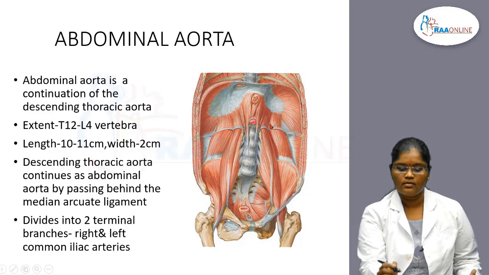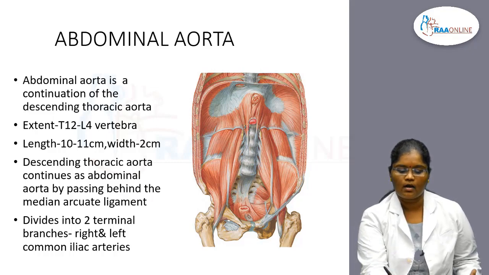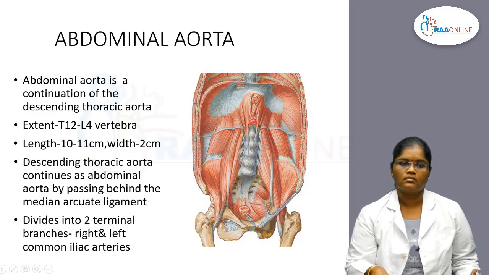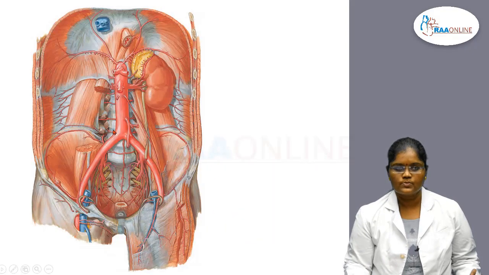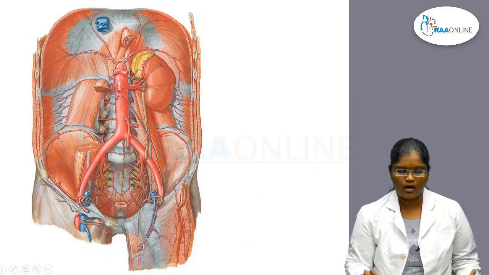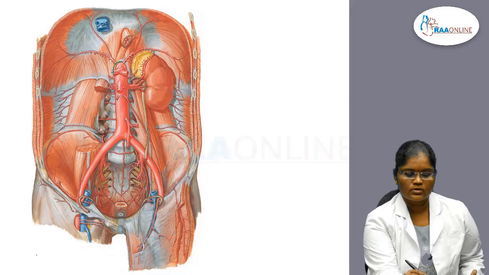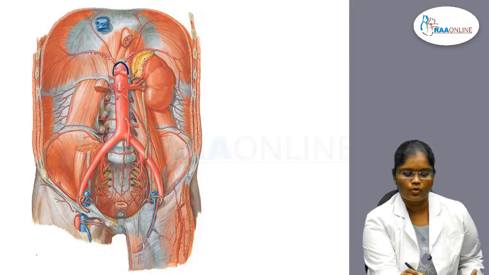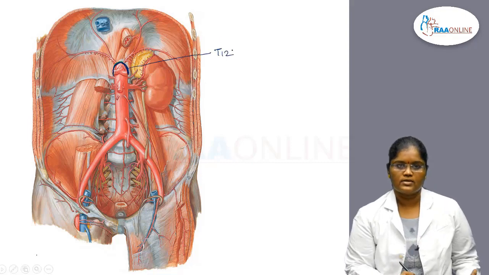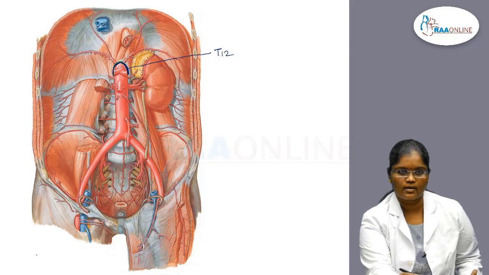Here you can see this is the median arcuate ligament. It divides into two terminal branches. So this picture shows the abdominal aorta. This is the median arcuate ligament, which is located at the level of the T12 thoracic vertebra, where the descending thoracic aorta enters the abdomen and continues as the abdominal aorta.